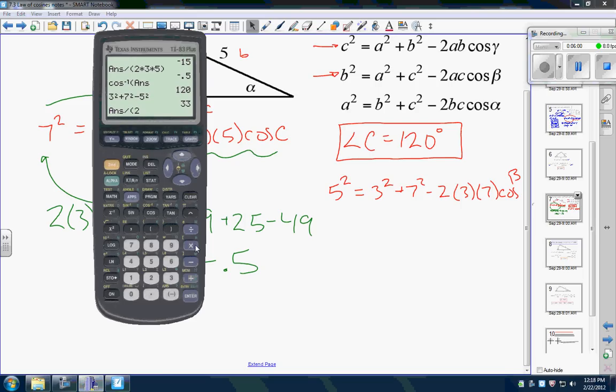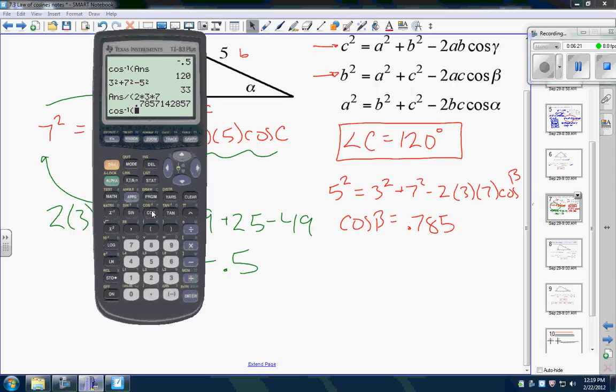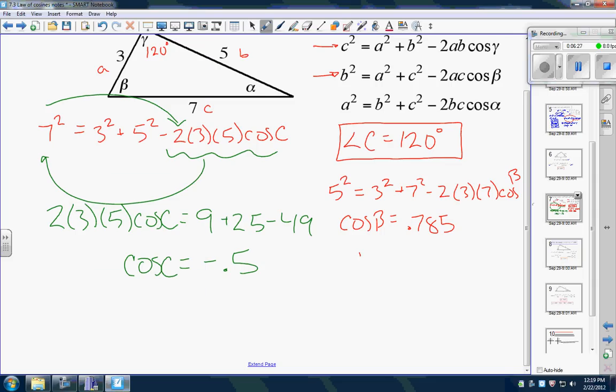Then divide this by the 2 times the 3 times the 7, and there's your decimal. So we take that guy there, inverse it, and it spits out 38.2.